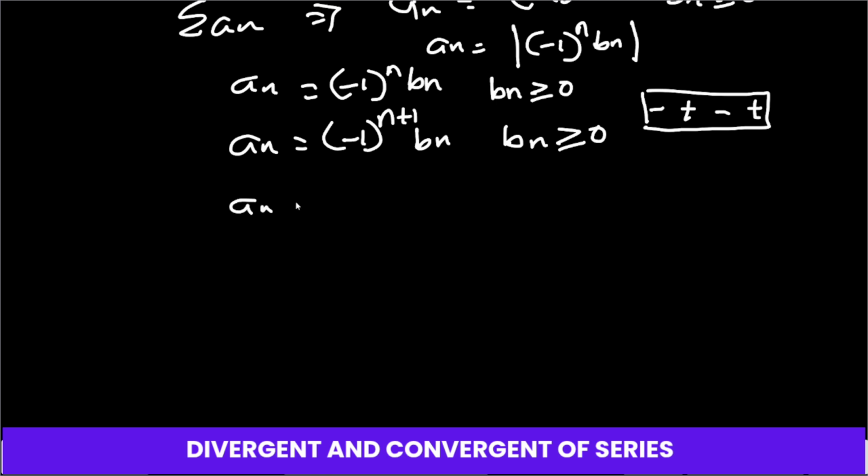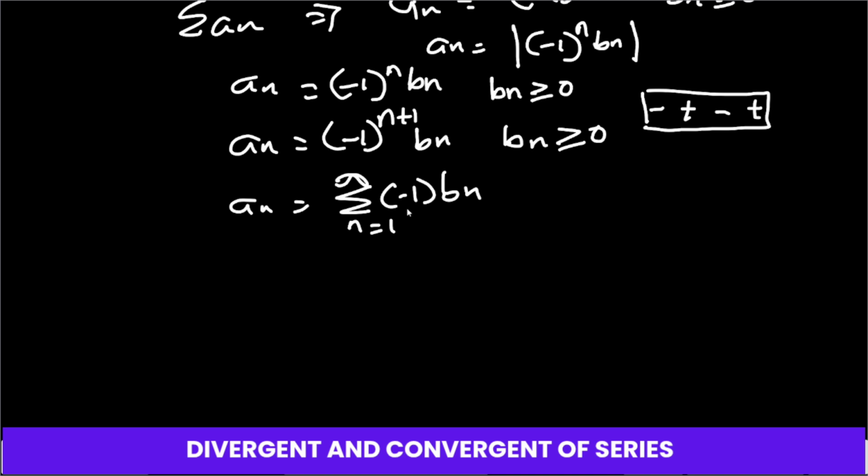Assuming we have the summation of an, a function of minus 1 exponent n of bn, starting from n equals 1 to infinity.